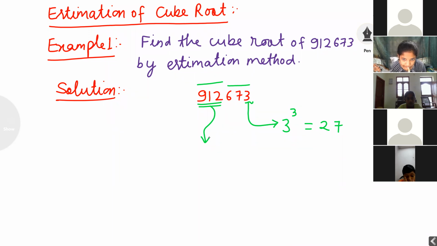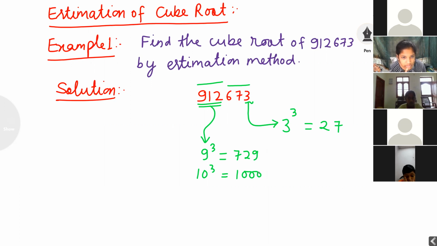Suppose I am taking 9 cube. 9 cube is equal to 729. Next, 10 cube is equal to 1000. Listen carefully, students. 9 cube I have taken, 729. 10 cube I have taken, 1000.